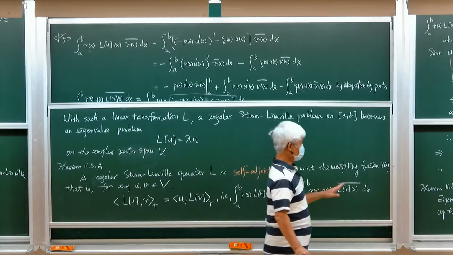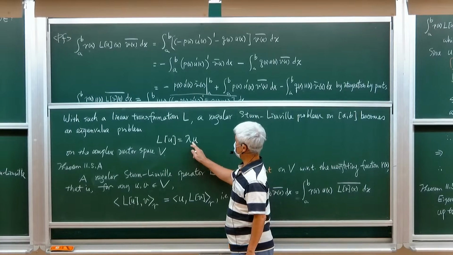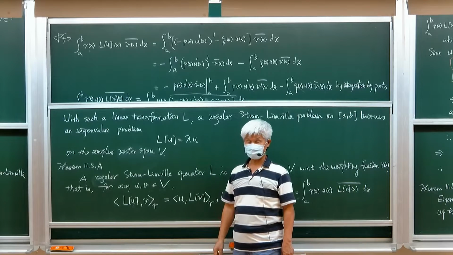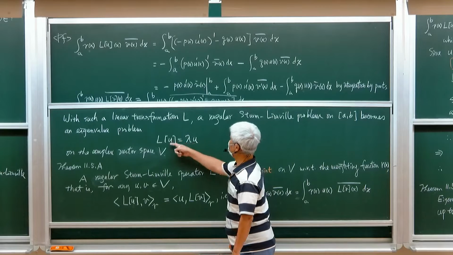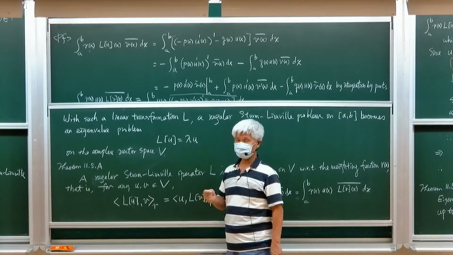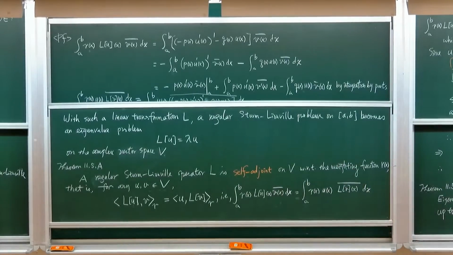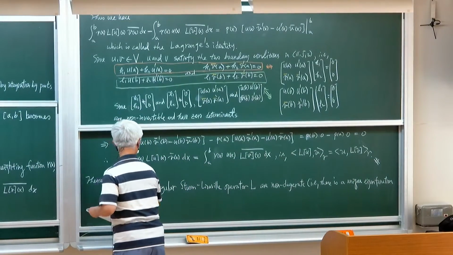And the theorem says that once you have an eigenfunction corresponding to an eigenvalue, then this eigenfunction is unique up to a constant, because any other eigenfunction will be proportional to the first one you get. Okay, and so we will give a proof for that.